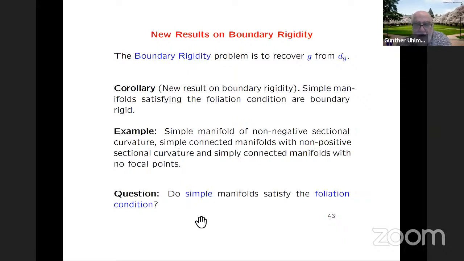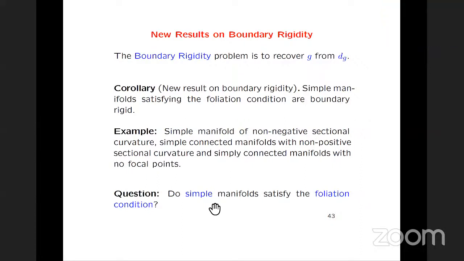But there is the question that you just asked. To solve completely the Michel's conjecture in dimension 3 or larger, we would like to know whether simple manifolds satisfy the foliation condition. That's the question you were asking, right? Correct.